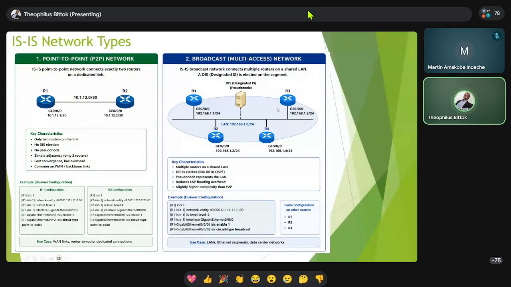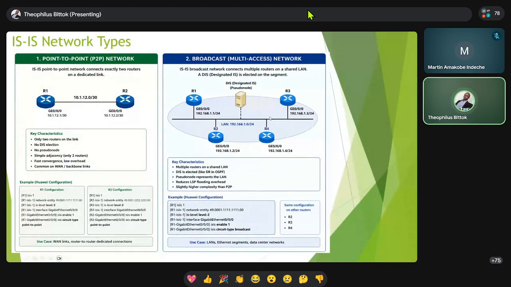But if you've not explicitly configured the priority in your broadcast network, then it's going to check the MAC addresses, and the router with the highest MAC address is elected as the DIS.